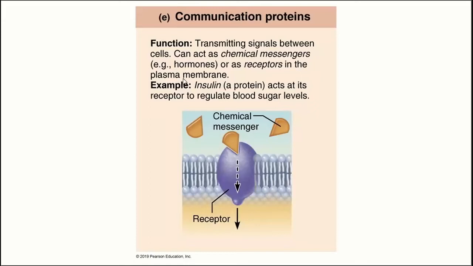These hormones will then influence the activity of other body cells or tissues. And so in that way, proteins can act as chemical messengers, or they can also act as receptors in the plasma membrane.